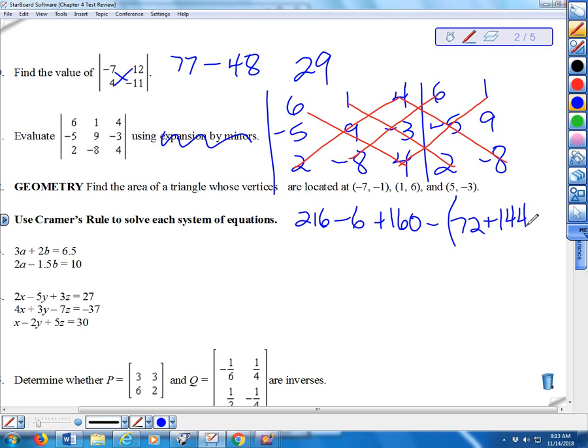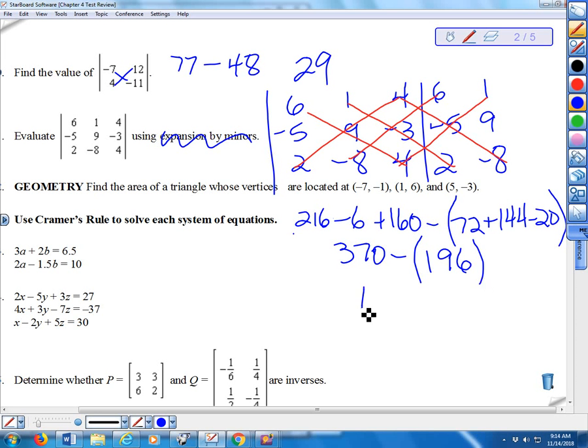Okay, and then negative 20. So take 216 minus 6, that's 210, plus 160. 370 minus 72 plus 144 minus 20. 196, and it's positive. So what's 370 minus 196?